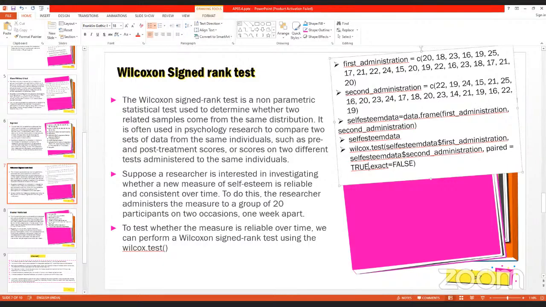Yeah, that the measure is not reliable over time. So we put the Wilcoxon test code in and run this test.